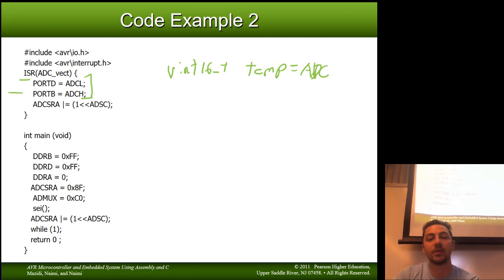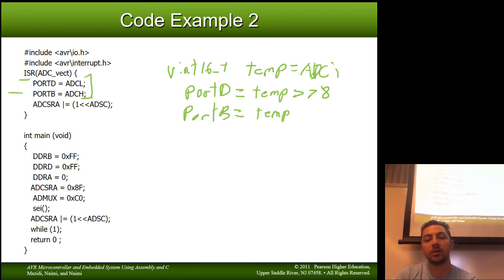It's actually capital D. Then I could have said port D equals temp shifted left by 8. Port B equals temp ANDed with 0xFF. Actually, I think that is switched. This should be B, and that should be D. D gets the low byte, B gets the high byte. I think I would actually prefer it if you always just grabbed it from ADC. That prevents you from having to worry about the low versus the high.